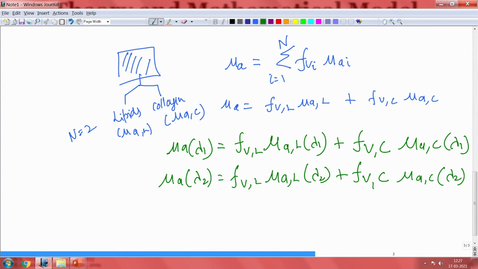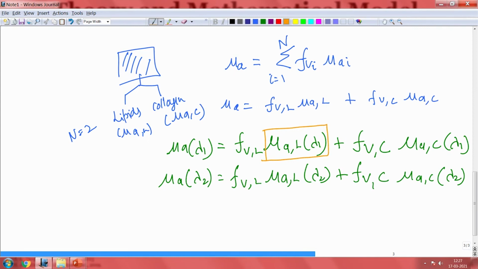Okay. The next question is, what do we know from our knowledge, from our seniors or people who have already researched? What do we already know? We know the absorption of lipid at a particular wavelength lambda 1.